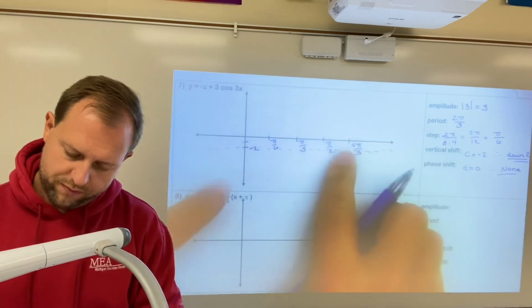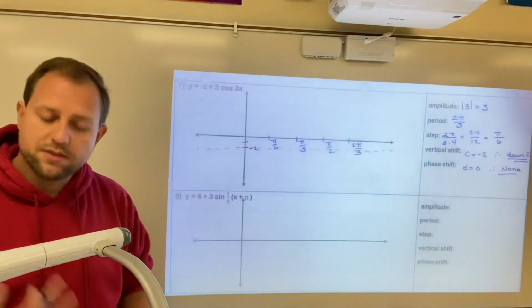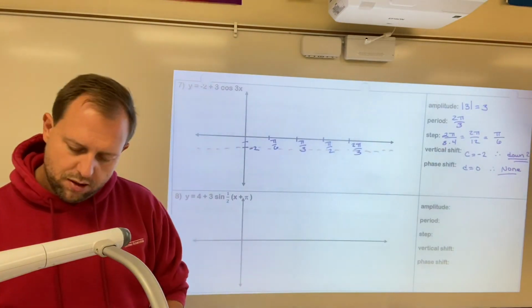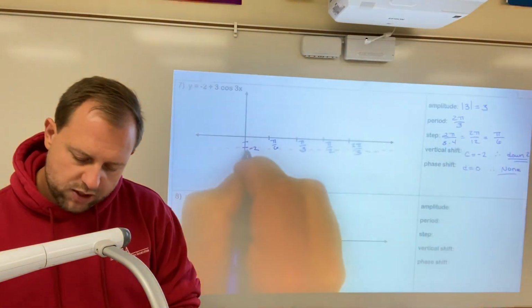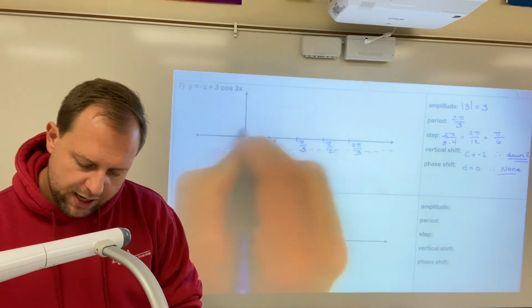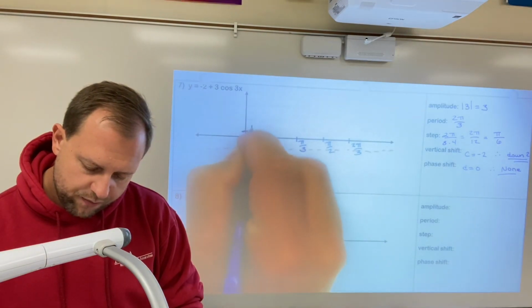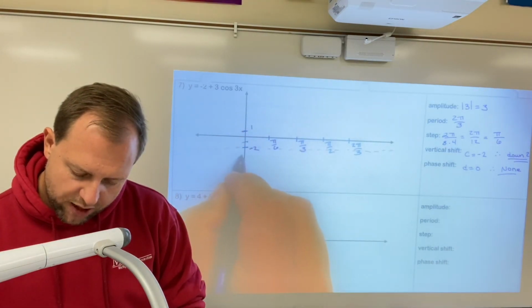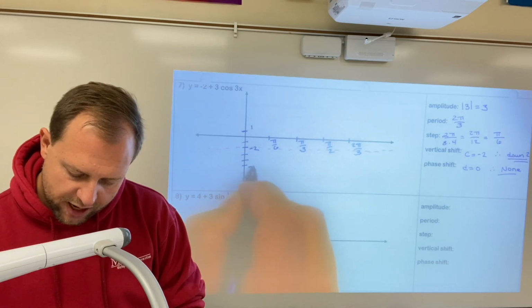Oh look, we went 2 pi over 3 in 4 steps. Exactly what we want. Our amplitude is 3, so from -2 up 3 takes me to a +1. And the bottom of this wave is going to bottom out at -5.